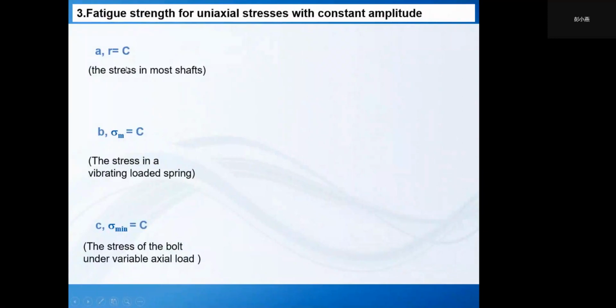The stress ratio is constant, or the mean stress is constant, or the minimal stress is constant, okay? And this is the stress in most shafts.